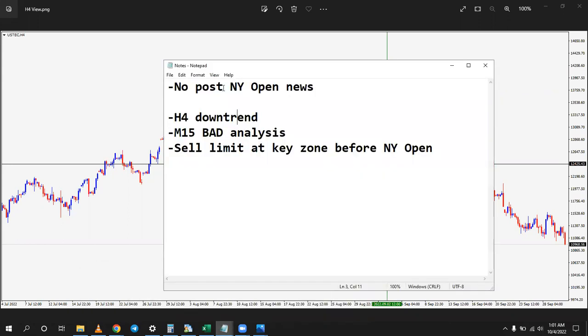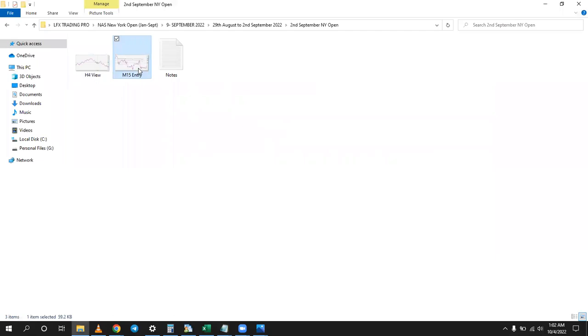And as you can see, our M15 presented for us a good setup, right? A BAD SOP setup. So when I say that, I explained earlier on: breaker, aperture price, then a decision point, right? So M15 presented that for us. So let me open the M15.